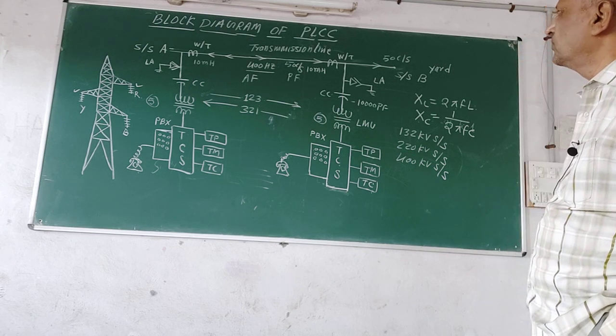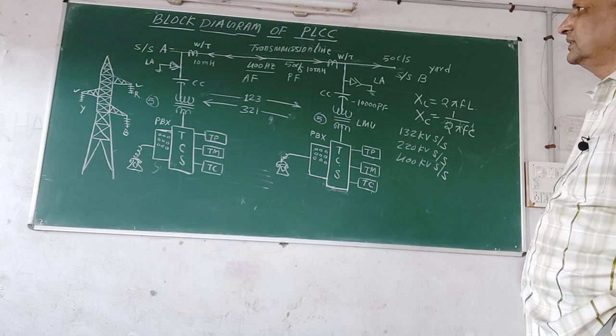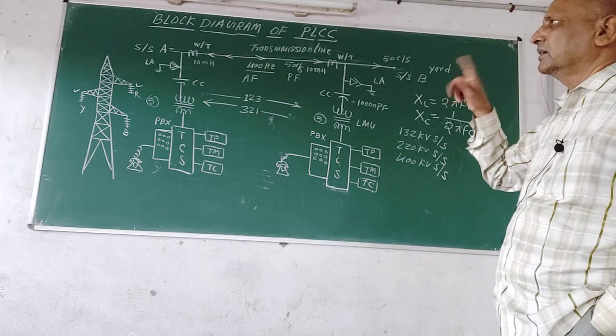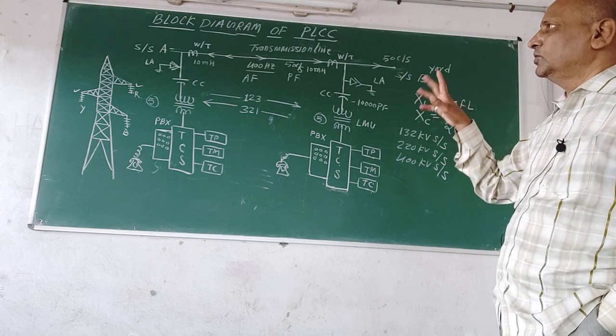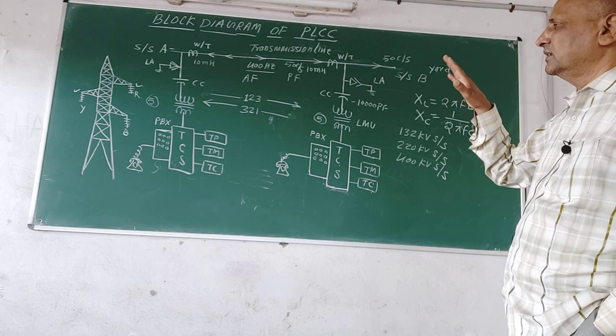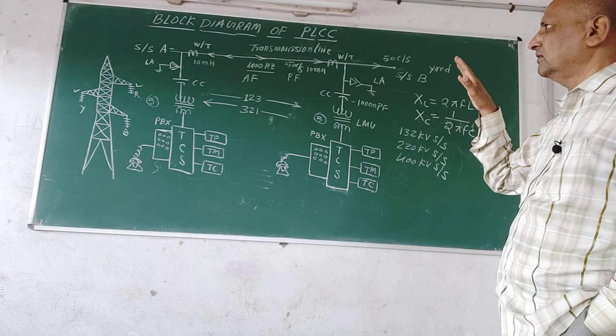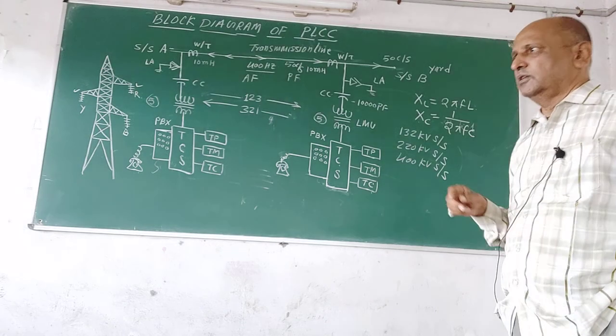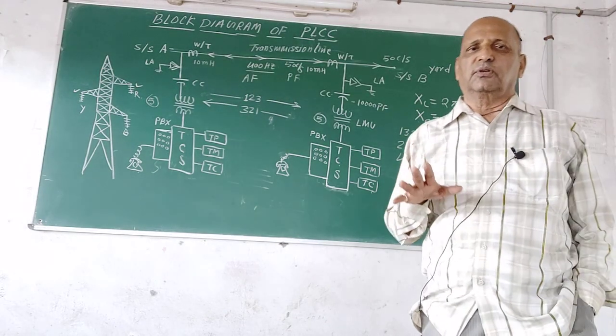Basically it is very simple to understand, because there are nothing but two important components, the wave trap and the coupling capacitor. Their values you must know: 8 to 10 millihenry is the value of the wave trap inductor, and the coupling capacitor has a value of 8000 to 10,000 picofarad.